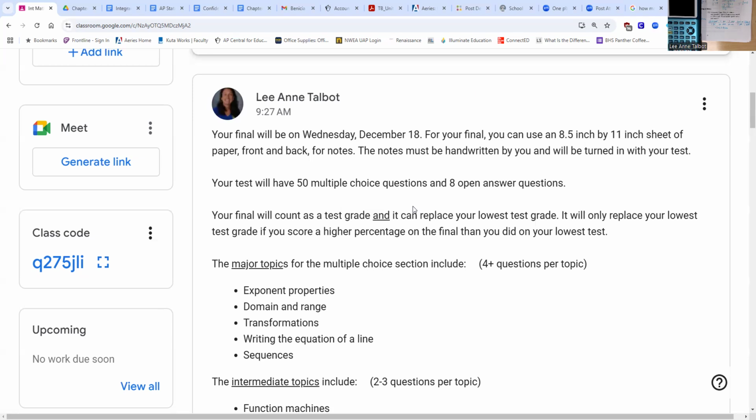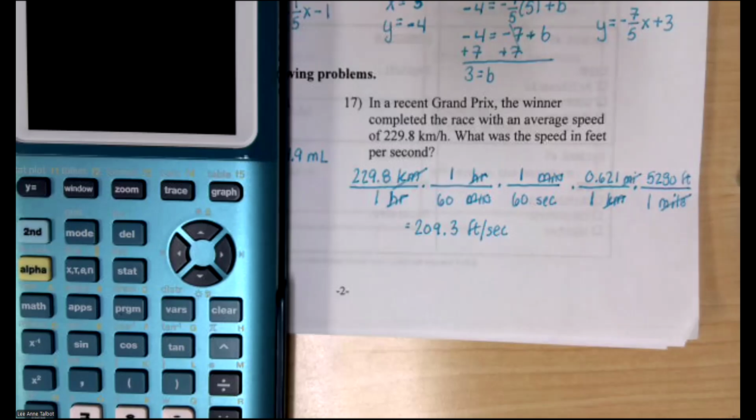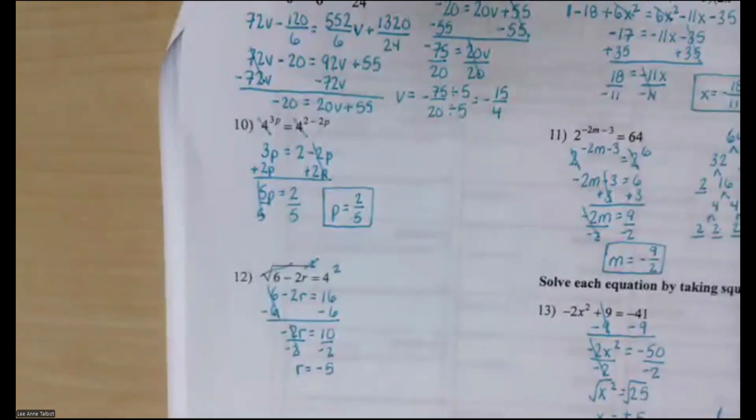And all of the topics are listed in the Google Classroom, and all of the topics are in your packet. So look at your packet, please. Go past the sequences doctor.